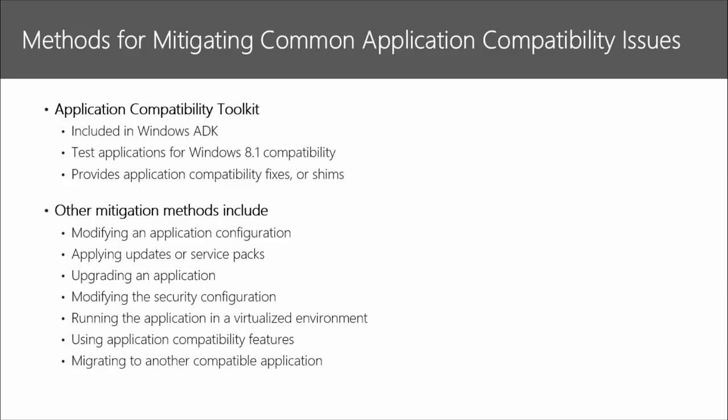Okay, and next up for real world, moving from a previous version of Windows to Windows 8.1, you might have some application compatibility issues. So the bottom half of the slide talks about your mitigation methods, all the possible ways you can deal with that situation. I like the second to last one, where it's just something simple like an application compatibility feature. That's where you can just right-click the executable and go to Properties, and you can see the Compatibility tab.